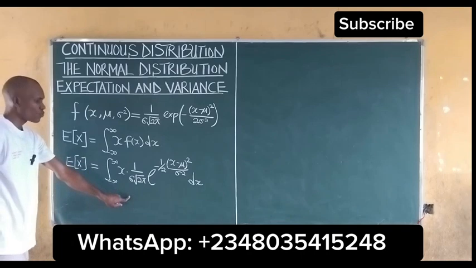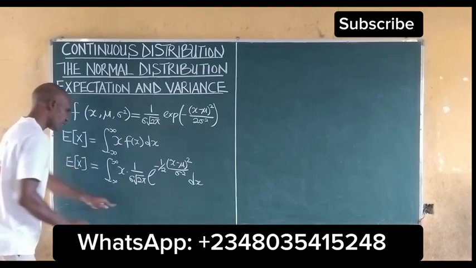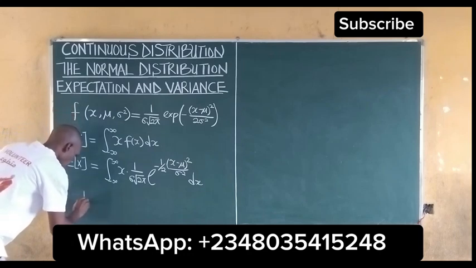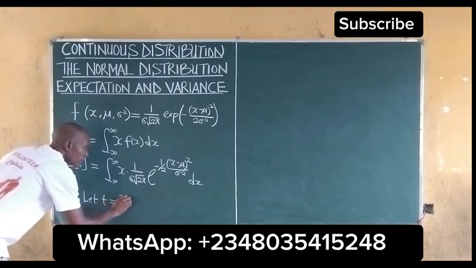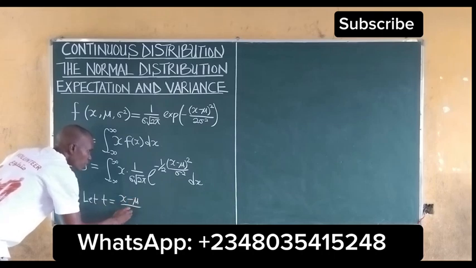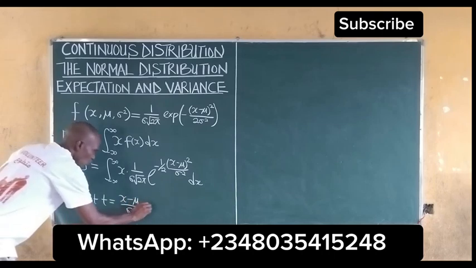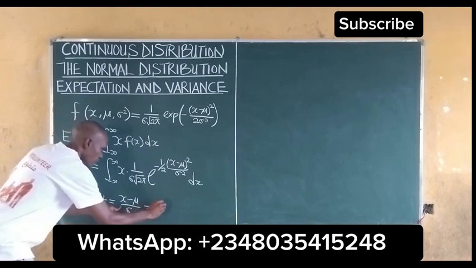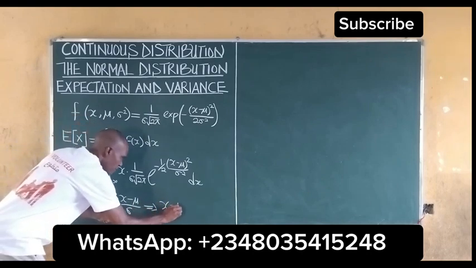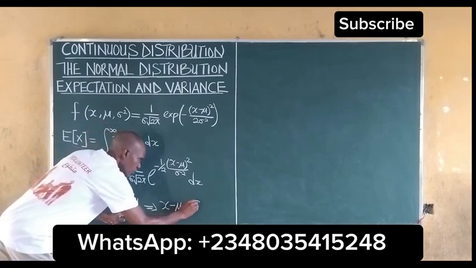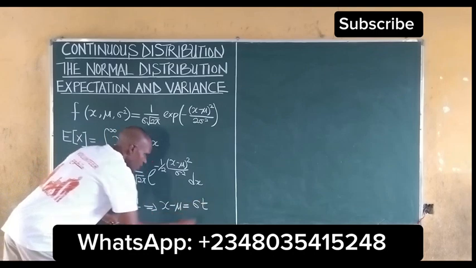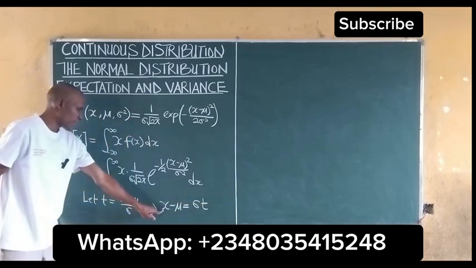The next thing to do, we can say let t be equal to x minus mu all over sigma, which implies that x minus mu is equal to sigma t.